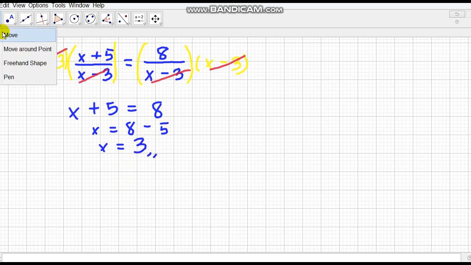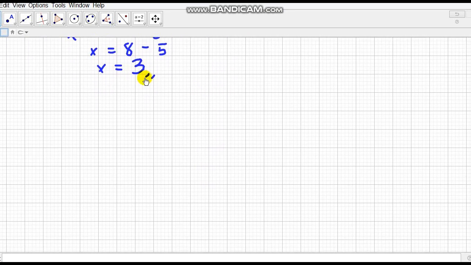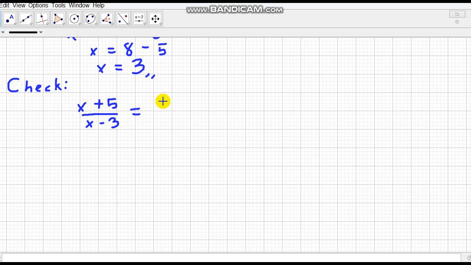However, remember we have to check. So let's go back to our equation. x plus 5 over x minus 3 is equal to 8 over x minus 3. Replace the x's with 3.